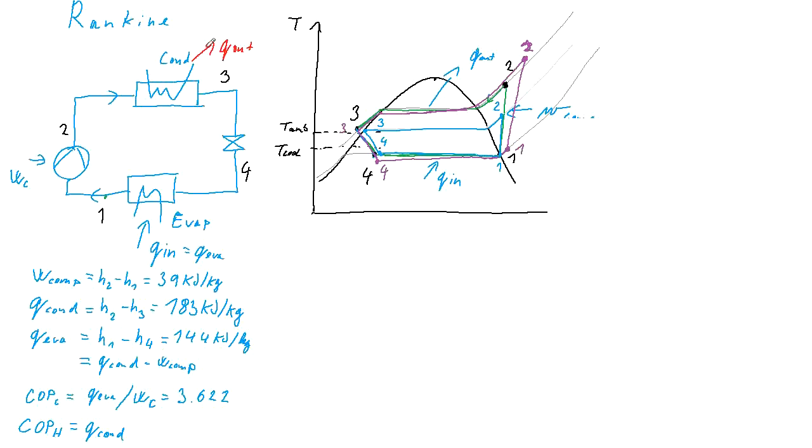We want to get the heat as the heating out of the system. And still what we put into the system is work of the compressor. And we will see that the result is 4.622, where you can see that it's indeed the COP of cooling plus 1.